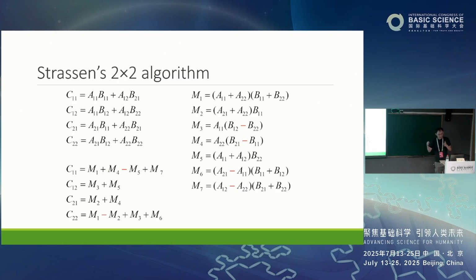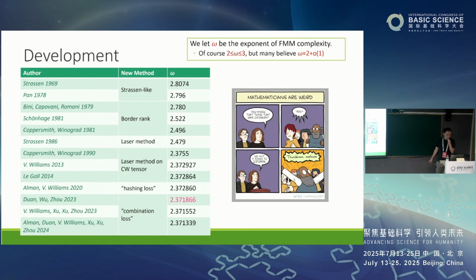So we can do a divide and conquer approach with only 7 multiplications. The running time is n to the log 7 base 2, which is n to the 2.8074. So this is the first algorithm better than n cubed time.